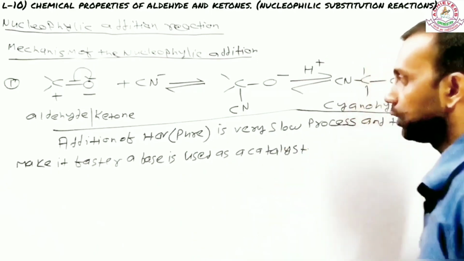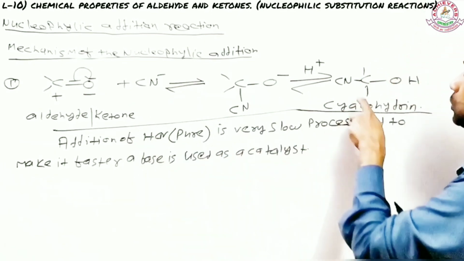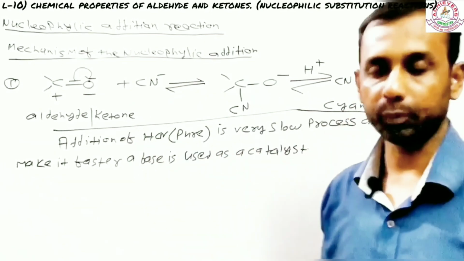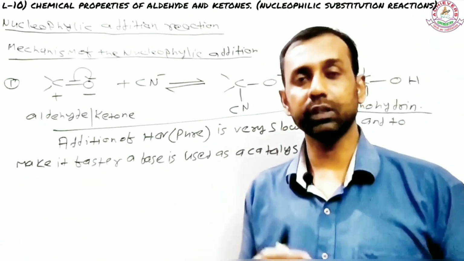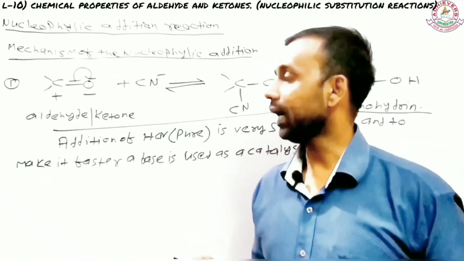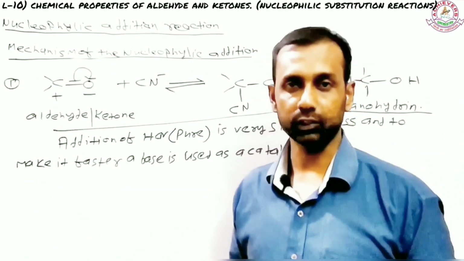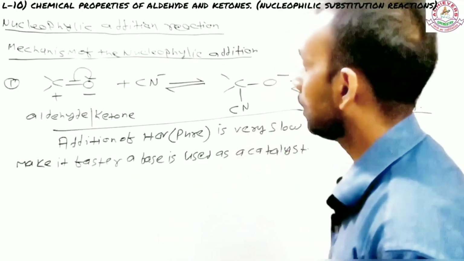So this is another very important point. Let me repeat: this process of aldehydes and ketones converting into cyanohydrin is entirely a slow process. To speed up this reaction, you have to add a base, because that base acts as a catalyst and makes the reaction go faster. So this is the first one.